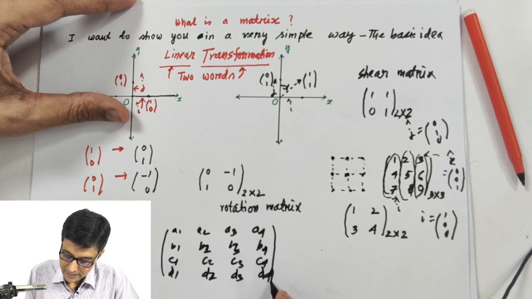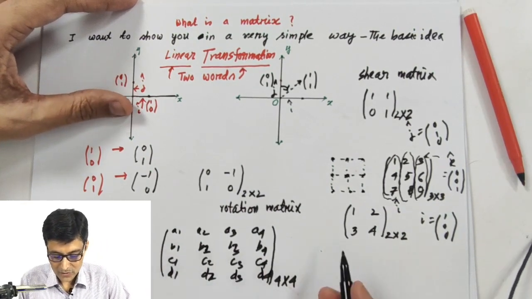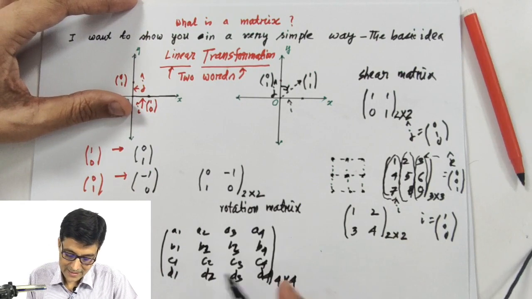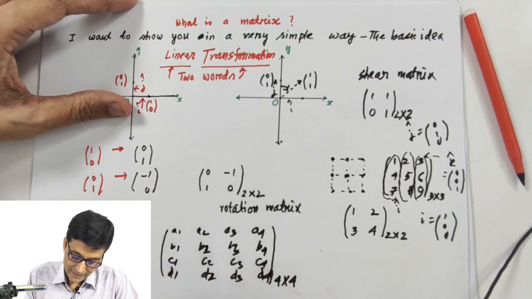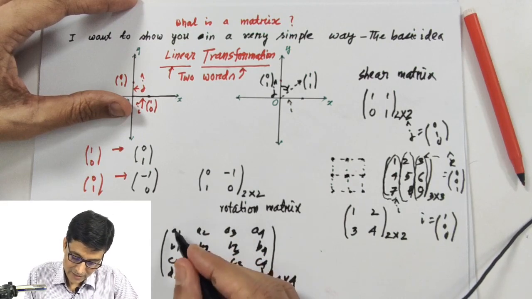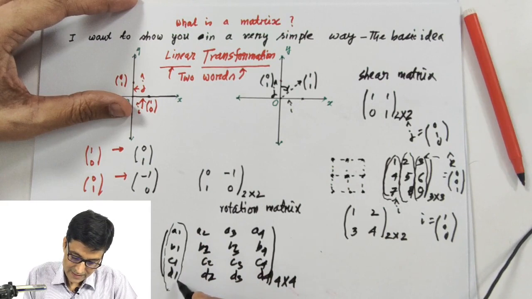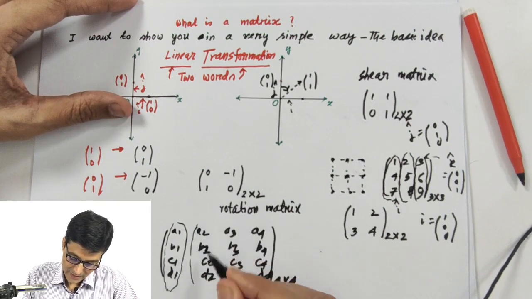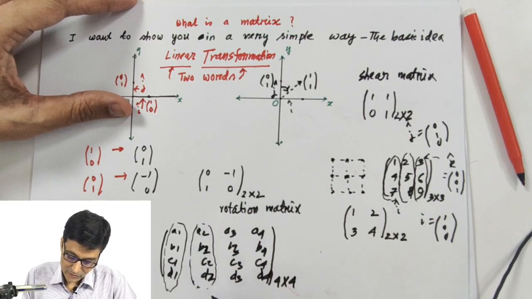This is a 4 by 4 matrix having 4 rows and 4 columns. It's called a square matrix. In this case, the vector i in 4 dimensions has gone to this place. These are not real spaces because real space is only up to 3 dimensions.